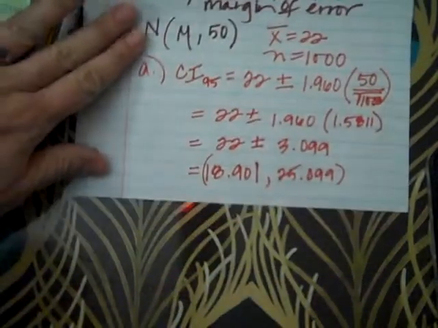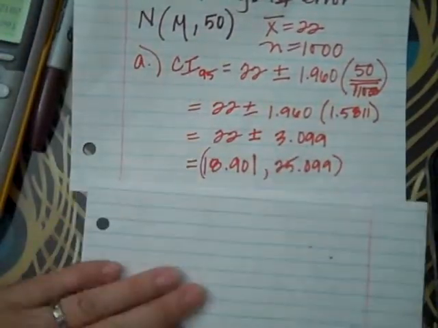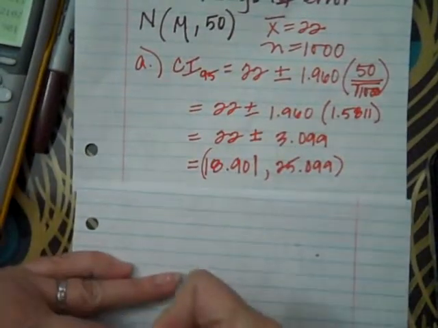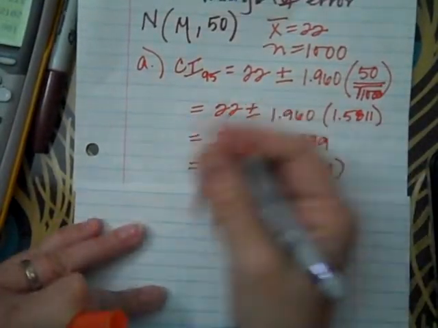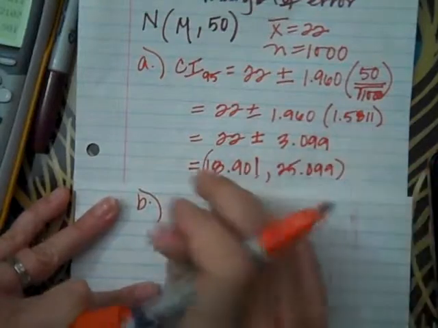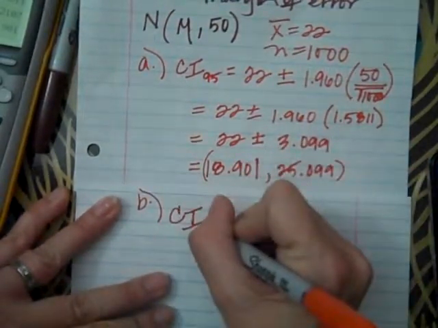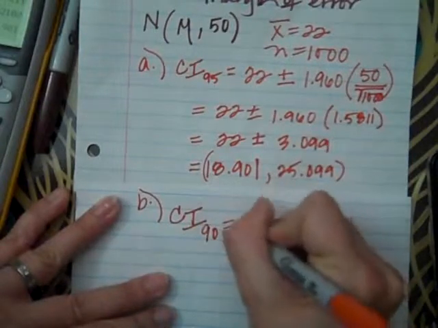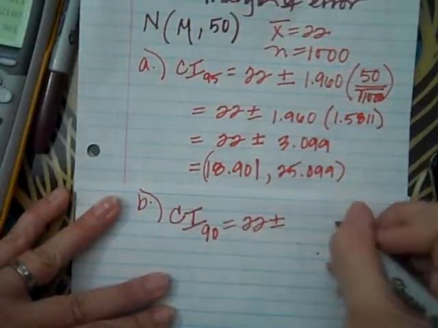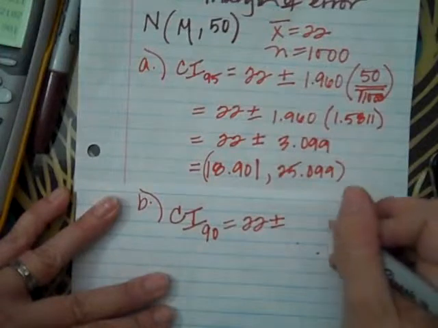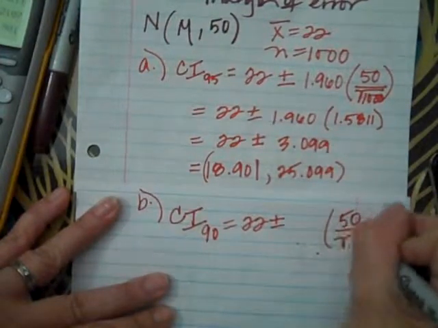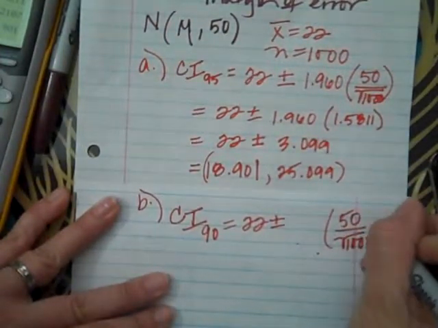Now, construct and interpret, calculate the 90% and the 99% confidence intervals for this mean. The intent of this is to see what the confidence level does to our margin of error. We're interested in a 90%. I'm going to do 22 plus or minus the critical value of Z, 50 divided by the square root of 1,000.